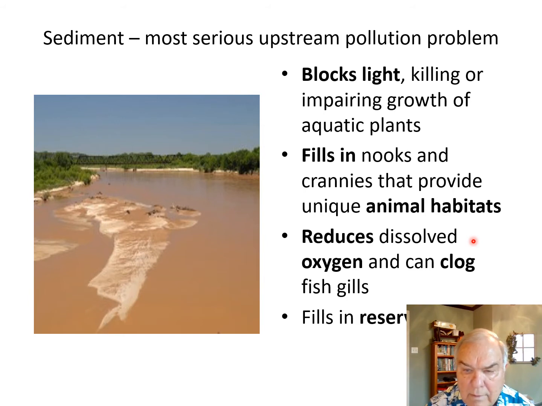The sediment indirectly reduces dissolved oxygen because you don't have sufficient light getting into the water column to allow the plants, either suspended or those growing along the edges and the bottom, to produce oxygen as they photosynthesize.